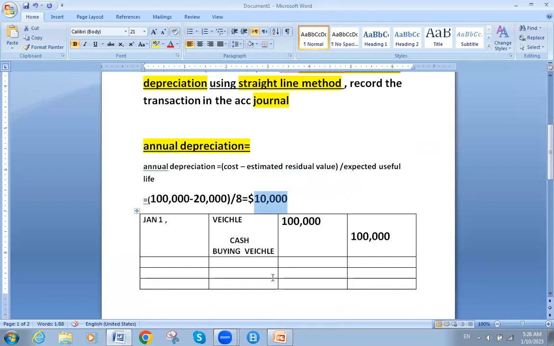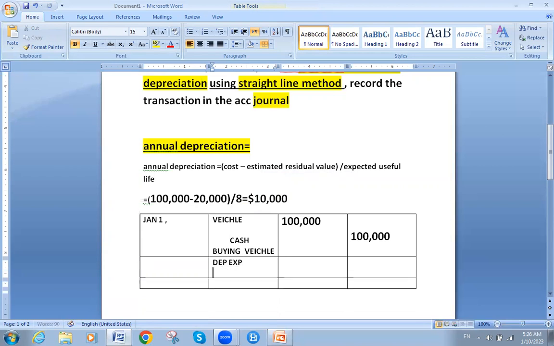Control and C. Then here we will say from depreciation expenses to accumulated depreciation. So depreciation is DEP, expenses EXP, accumulated ACC DEP, and you can write it in full, or you can write only 10,000.